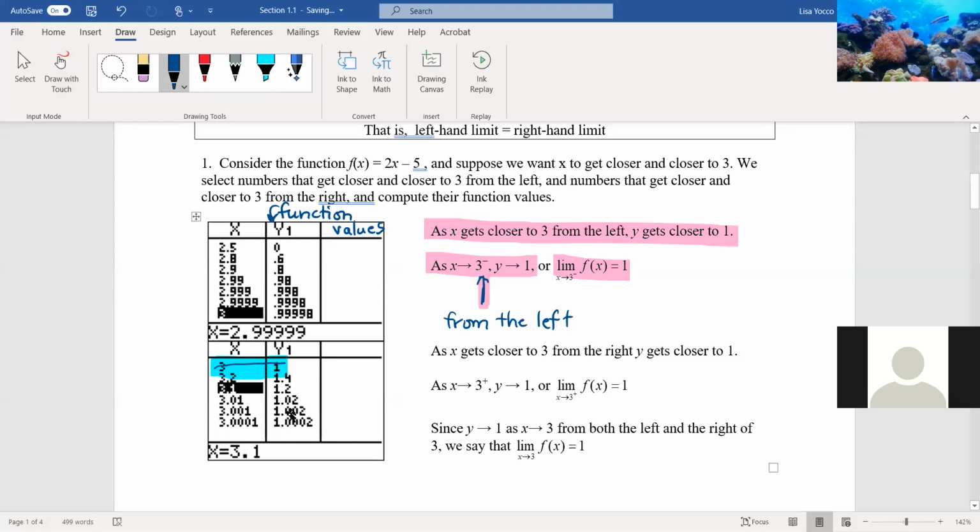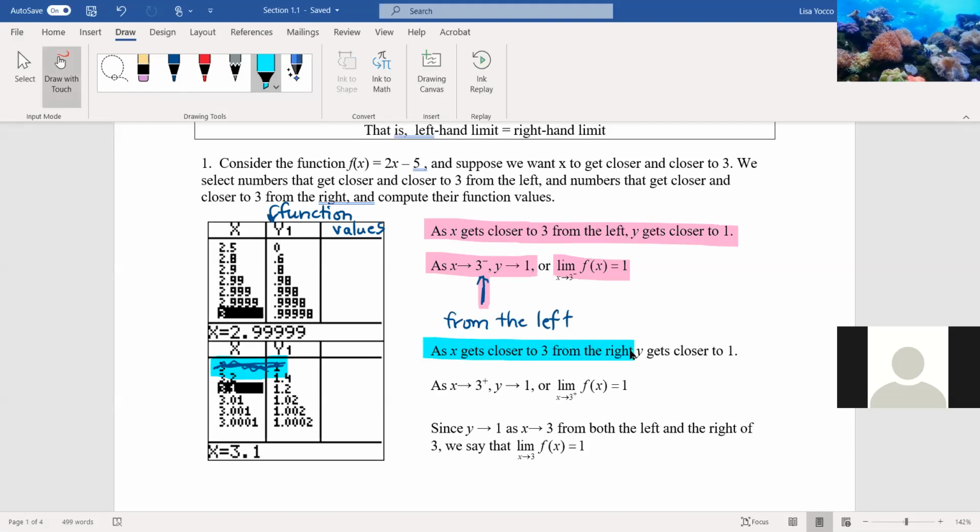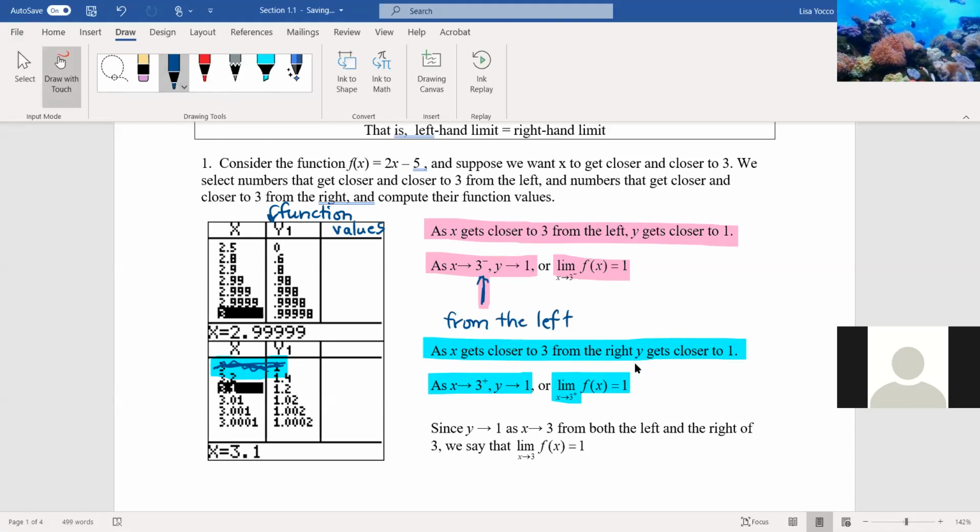And again, if you look at the function values, they seem to be getting closer and closer to 1 as well. All right, so we'll say as x gets closer to 3 from the right, y gets closer to 1. We can write that in the form that I just highlighted or in the limit form as we did up above. So again, that would also be a one-sided limit. That would be a right-hand limit because we're looking at x getting closer to 3 from the right.